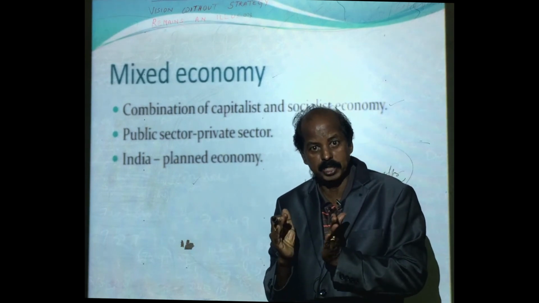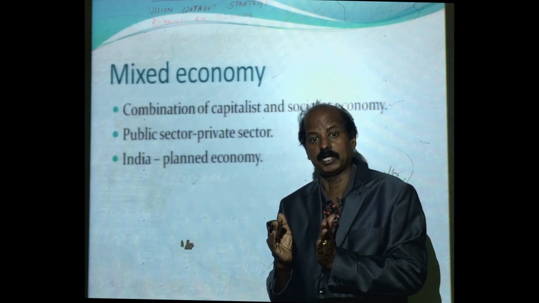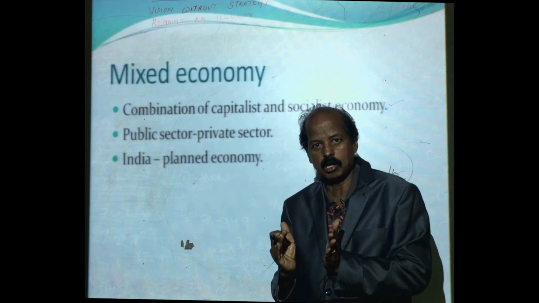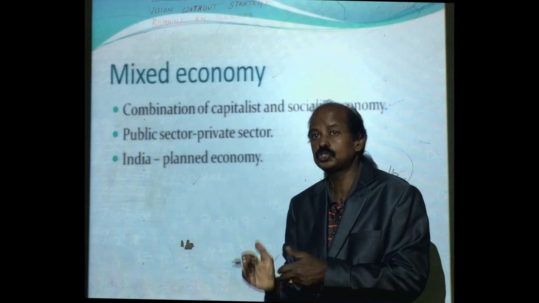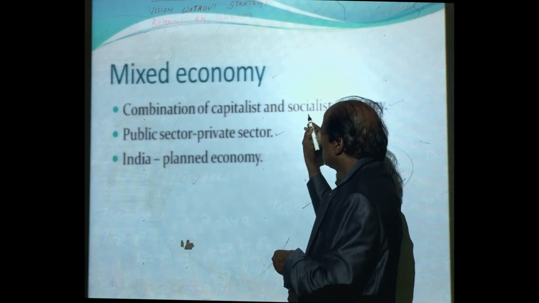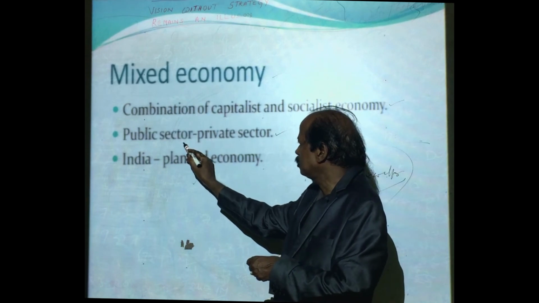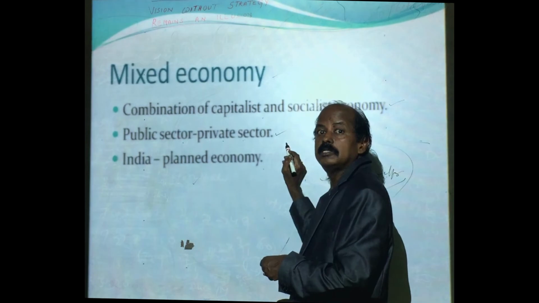What is the meaning of mixed economy? The coexistence of public sector and private sector is called mixed economy. That means public sector and private sector both are coexistent.